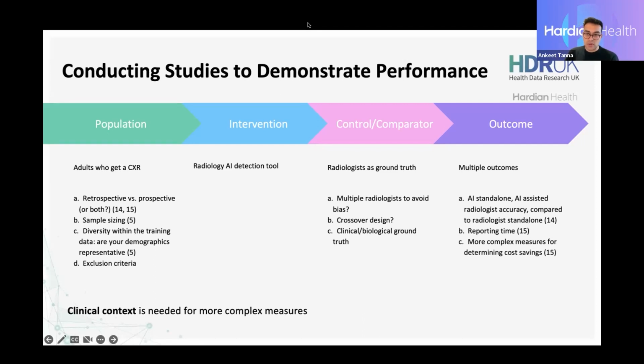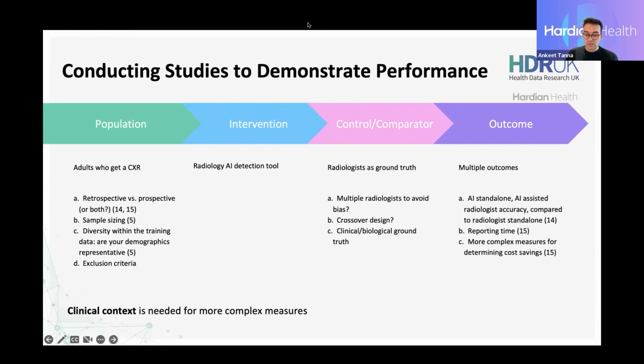And then you need to think about the outcomes. And so, as we said, if it's AI assisted, then you need to have a reader study, standalone AI performance, and then you need to perhaps think about, is there any additional metrics you want to consider? So for example, do you want to make the claim of reduced turnaround time or reduced reporting time? And this is where clinical context and identifying an unmet need becomes really important.